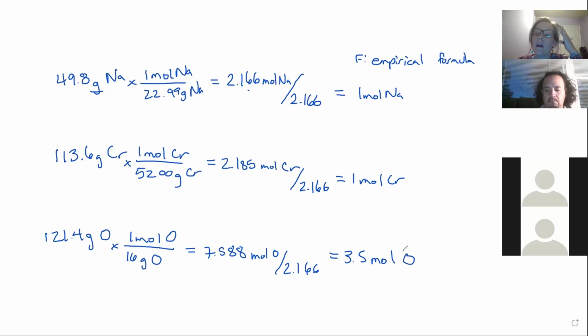So the previous problems, we got whole numbers when we got to this step. I am now still in a decimal. It's definitely not close enough to round. You would never round unless you were at like 3.94 or 3.01, within a tenth. Otherwise, you're going to need to add one more factor.